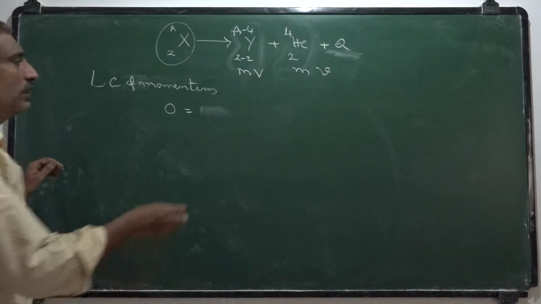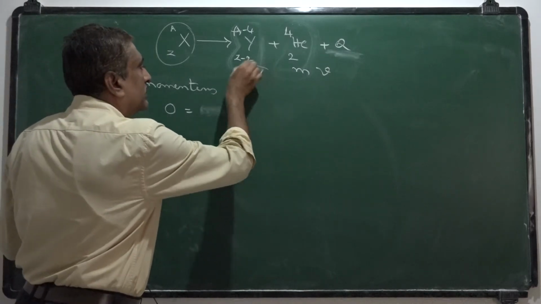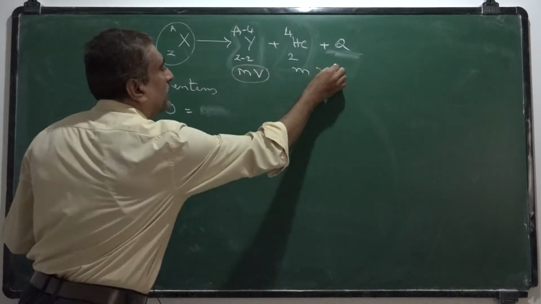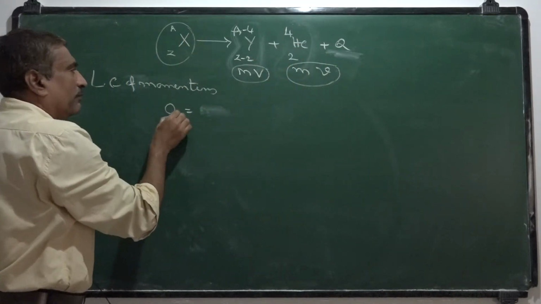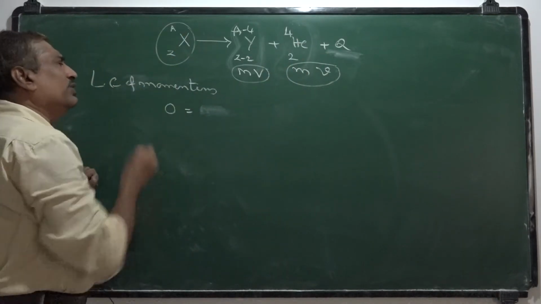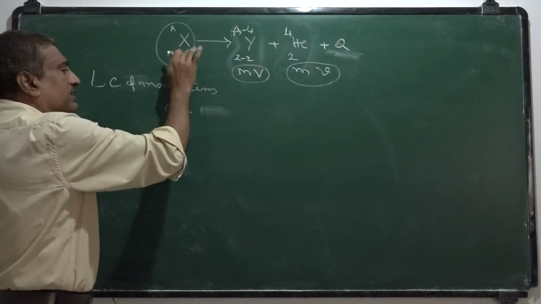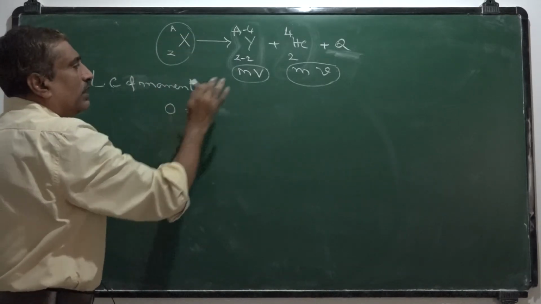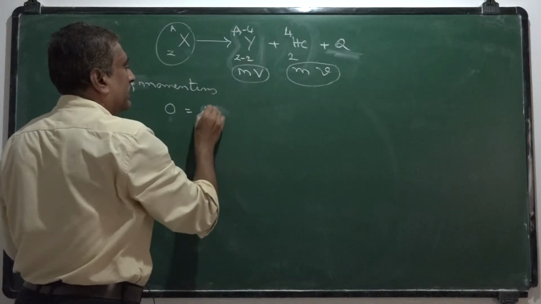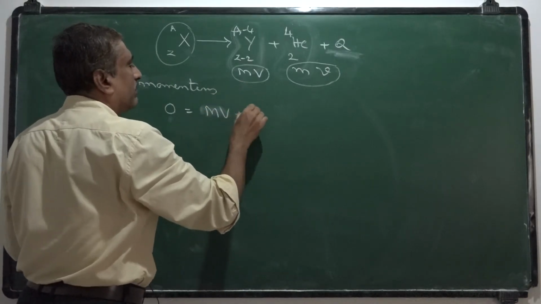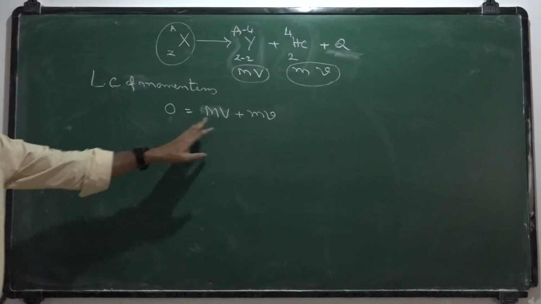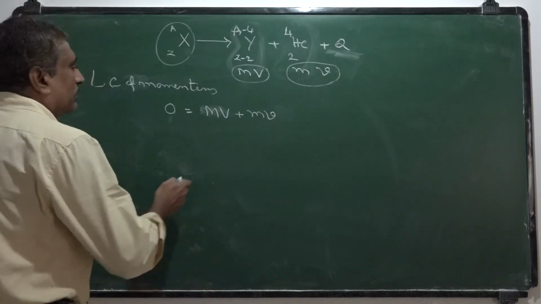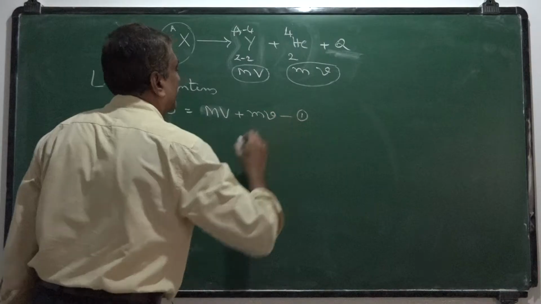Now the momentum of the daughter nucleus plus the momentum of the alpha particle equals the momentum of the parent nucleus, which is initially at rest, so the initial momentum is 0. The momentum of the daughter nucleus is MV plus the alpha particle is small m small v equals 0. This is equation 1.